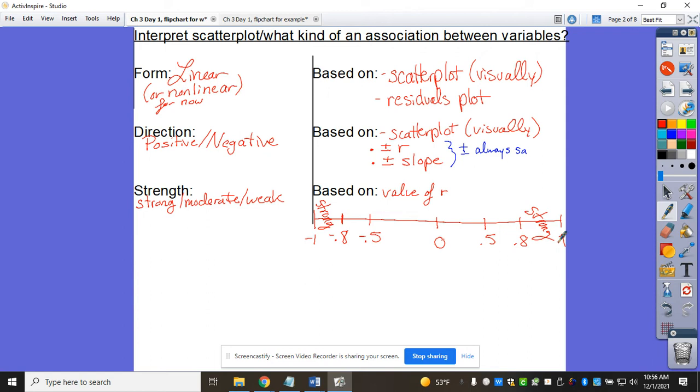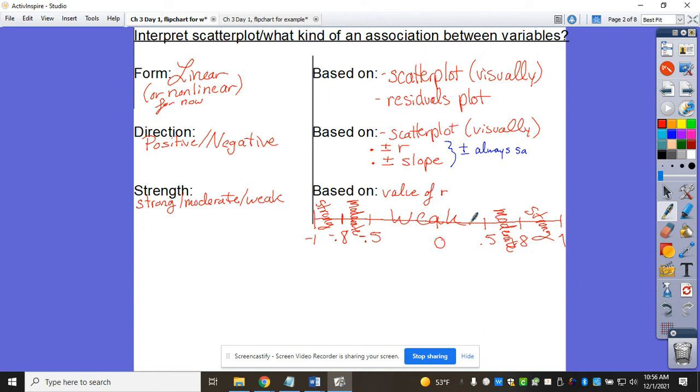Anything between 0.5 and 0.8 on either end is moderate. And I could have written that instead as absolute value of R less than 0.5 is weak.